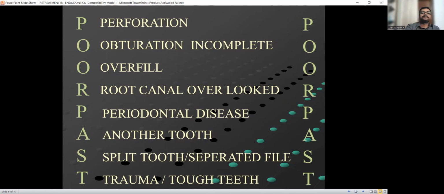Each letter denotes different conditions which can lead to endodontic failure. These are the major reasons cited for endodontic failure.